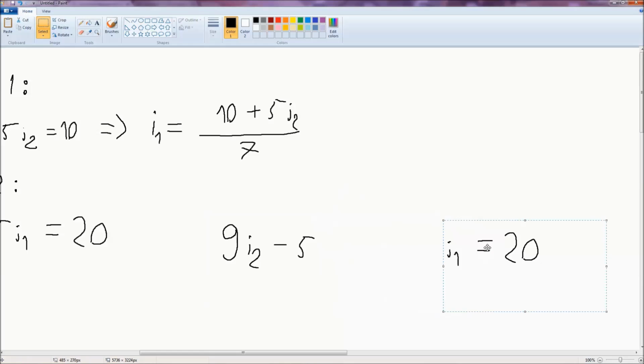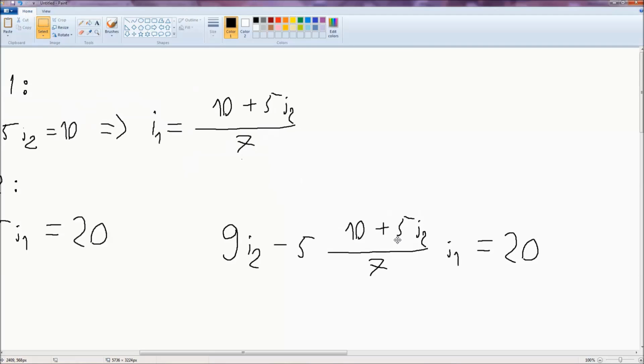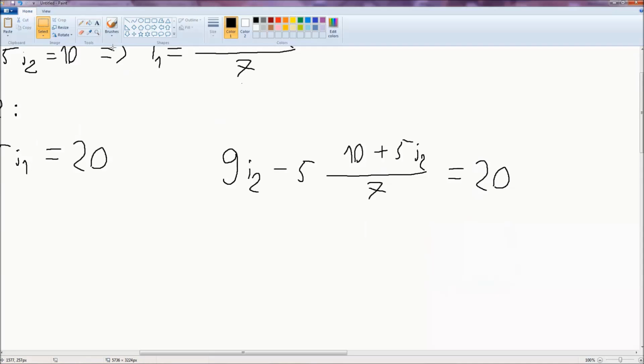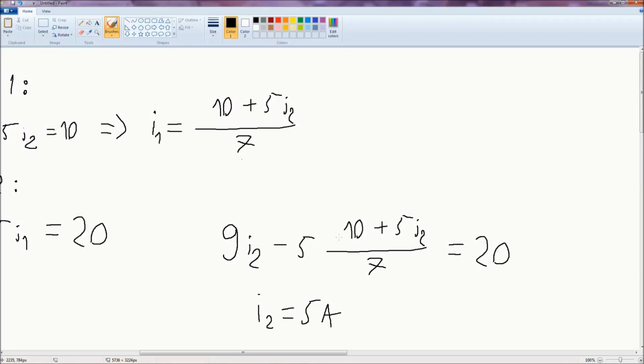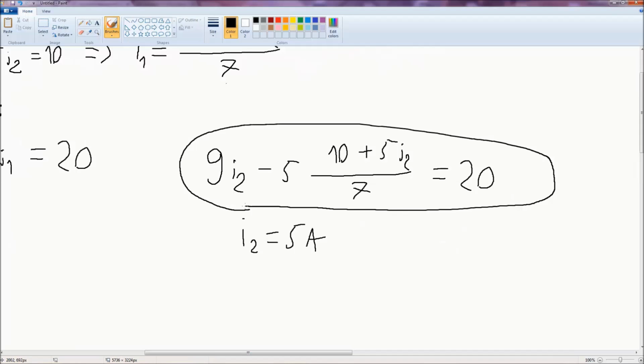So I will expand here and bring this, wait, not exactly this, yep, like this, delete this one, and here we go. So we now have one equation with only one unknown, and we could solve it, but it would take time, and I think you know how to solve equations with one unknown, so let's not waste time, and I2 will be 5 amperes. I know this in advance because I've solved it already, so let's not waste time on an equation with one unknown.